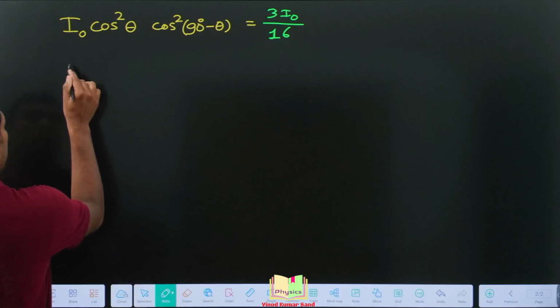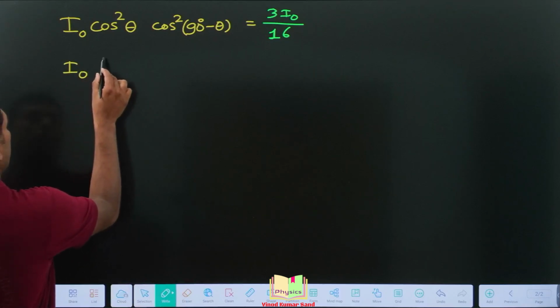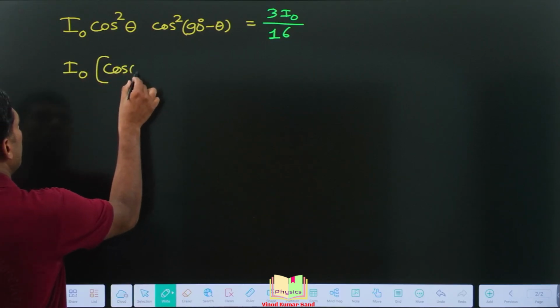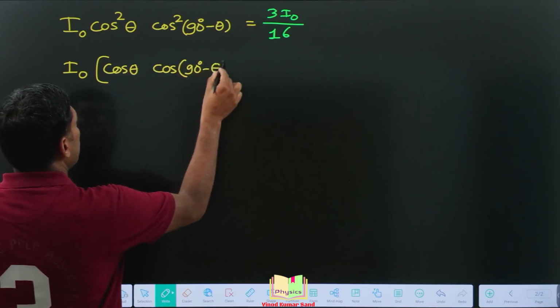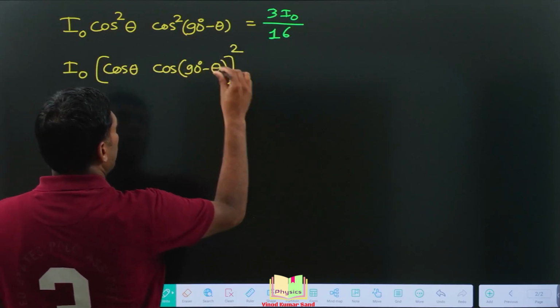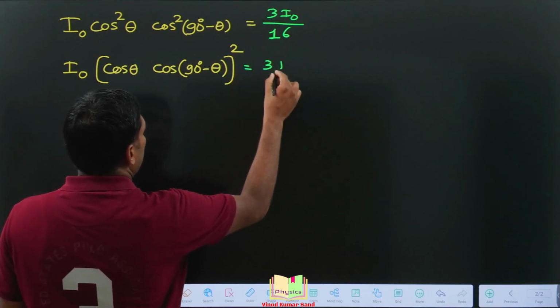Now to simplify it, we write it as I naught times cos theta cos 90° minus theta whole square is equal to 3 I naught by 16.